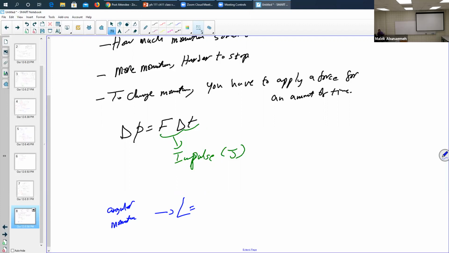Now your angular momentum is going to equal your mass multiplied by your tangential velocity multiplied by your r, your radius. And again, the tangential velocity is your magnitude of velocity perpendicular to the radius.